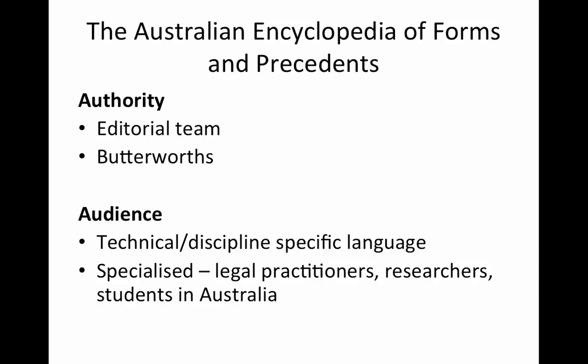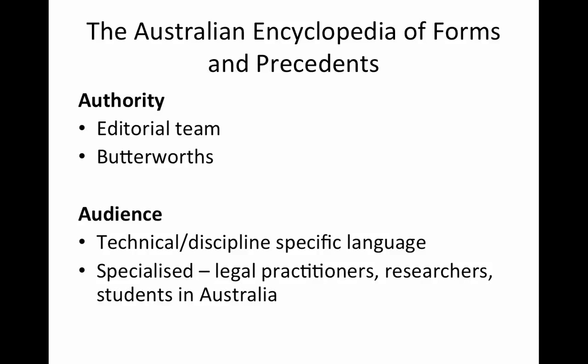In the UK, Butterworths is now owned by Reed Elsevier, so we can see how the publishing of this work has moved with the times in terms of how we now access and distribute reference information, but it also brings with it the high level of authority of the name and reputation of Butterworths as a publisher.